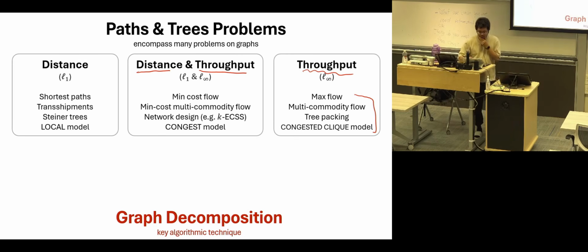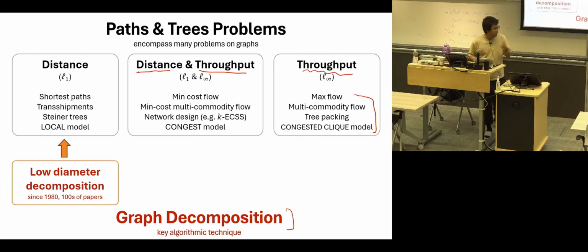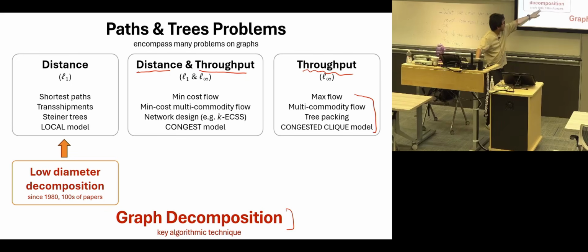So the technique that we will try to tell you is graph decomposition. And for the distance-based problems, there has been development since the 80s called low diameter decomposition. There are hundreds of papers on this, and people use it to attack distance-based problems.